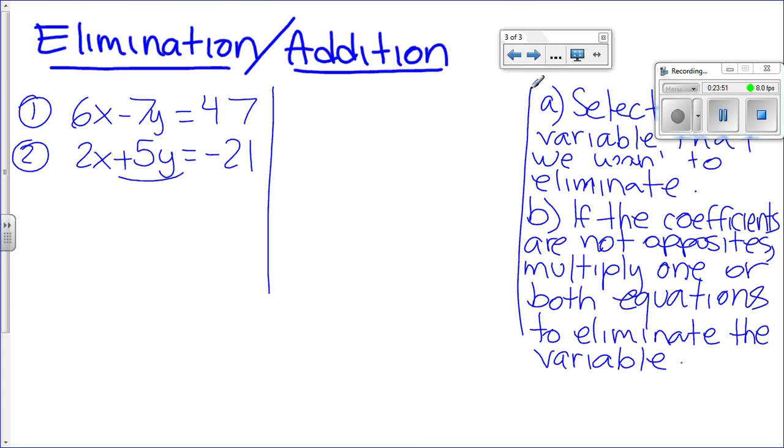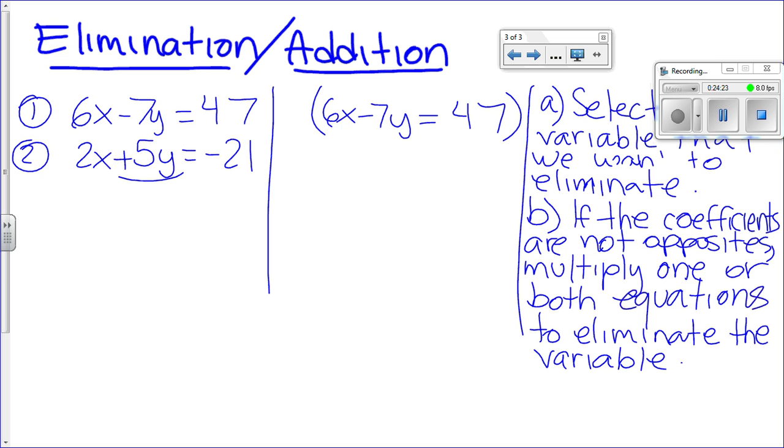Now, if Julian had chosen to eliminate x, we could have just multiplied the second equation by negative 3, right? Because that negative 3 times 2x would have given us negative 6x. But he chose y, so we're going to do what he said. So because of that, the first equation is going to be multiplied.